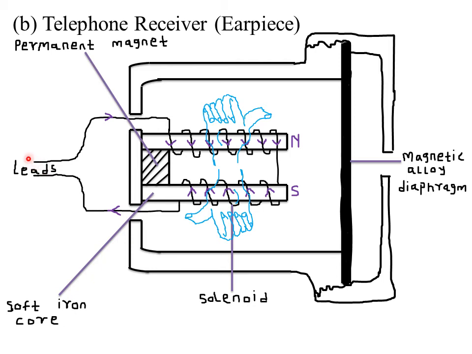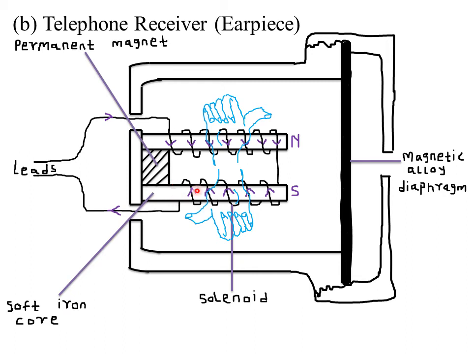As the solenoid vibrates in a magnetic field, an electric current is induced through these cables. That electric current is what flows through these particular cables, downwards and also upwards.